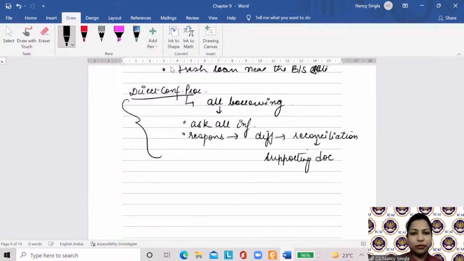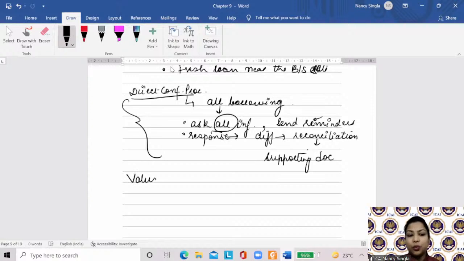Ask the confirmation from the banks or the financial institution with respect to all the borrowings, and ask all information like the interest rate, the repayment, everything. Okay? One more point, if let's say no replies are received, then send reminders. You all have done this in SA 505. Send reminders. And the responses, if there are any differences, ask the management to reconcile the same and check the supporting document in detail. This was about the direct confirmation procedure.